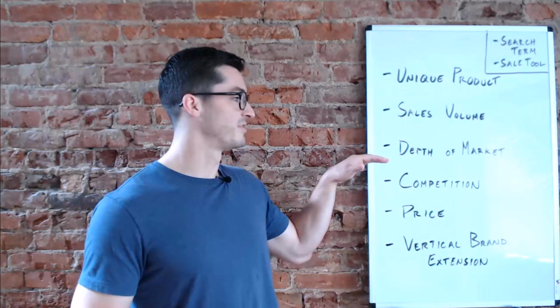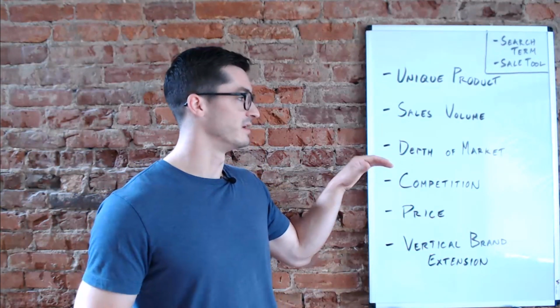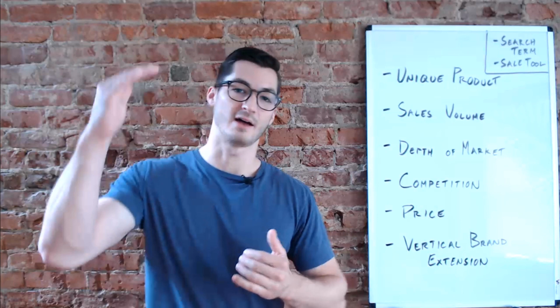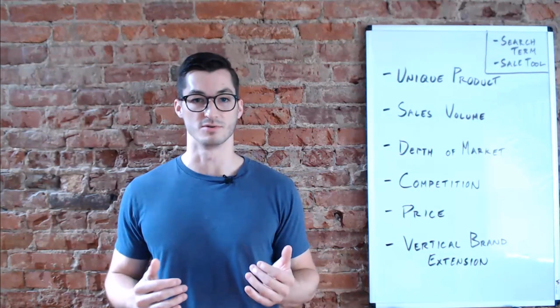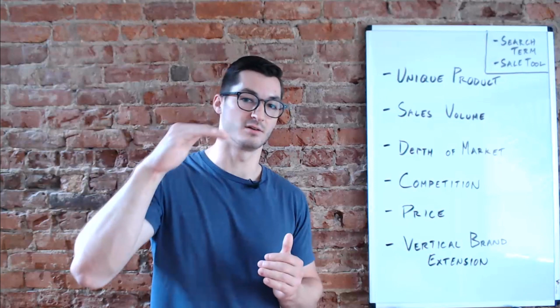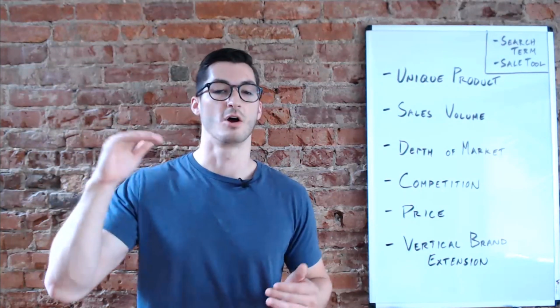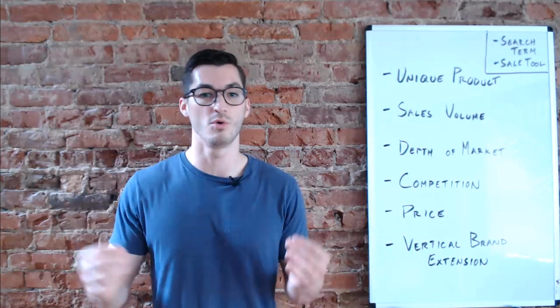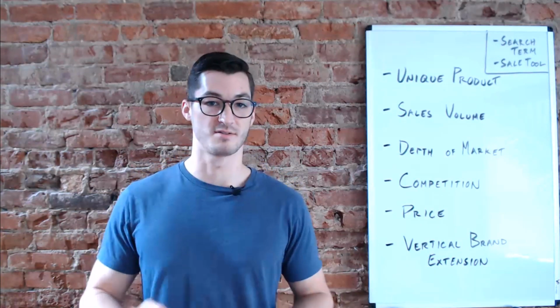Likewise, depth of market is really important to evaluating how deep that market goes. What I mean by that is, are the top 7 to 10 sellers all doing at least 200 units per month?